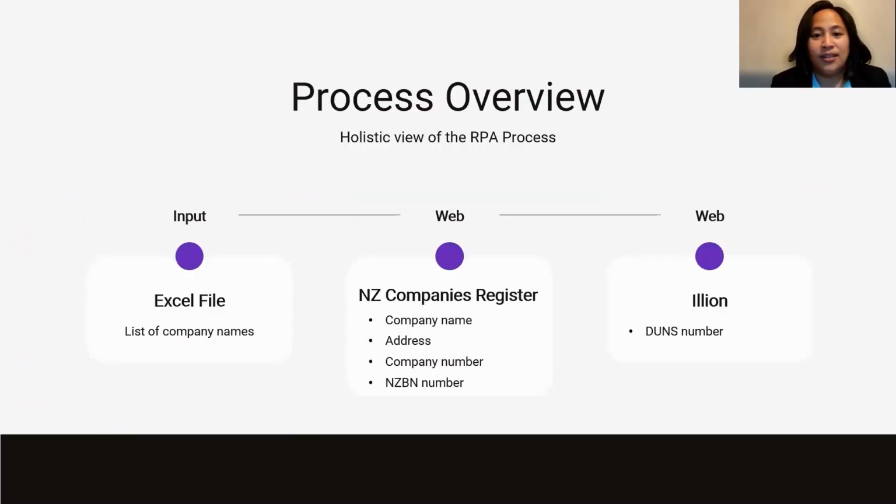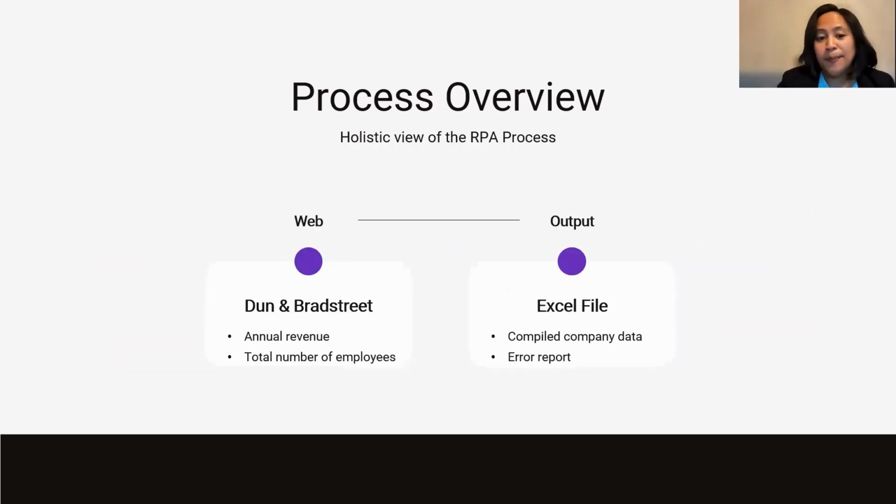Now, let's have a little overview of what the current process looks like. Currently, you have an Excel file with all the company names. So the employee has to go into the company's register to gather all this information. Then they have to go to Ilion, to get their DUNS number.